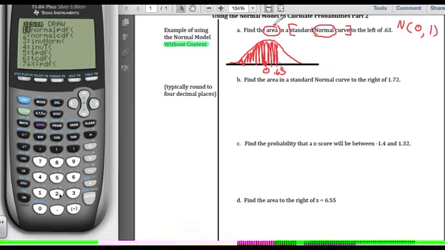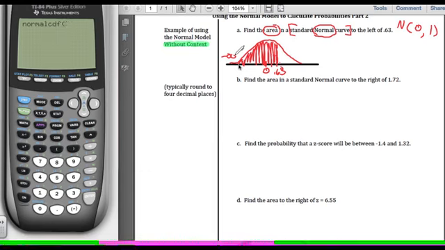Number 2, normal CDF. My left bound, my shading starts all the way down at negative infinity. We can't plug in negative infinity to our calculator. We want negative E99, so negative, second comma, 99. My right bound, my upper bound, my shading stops at 0.63.